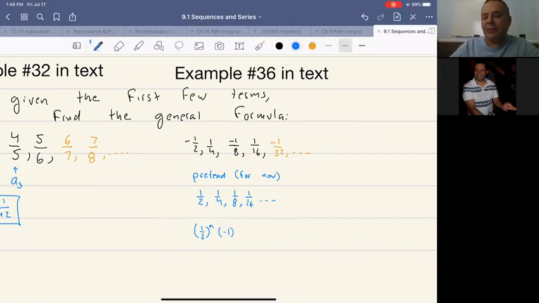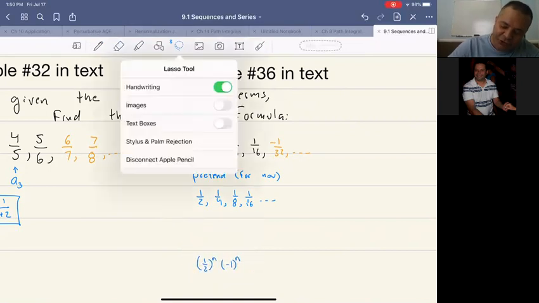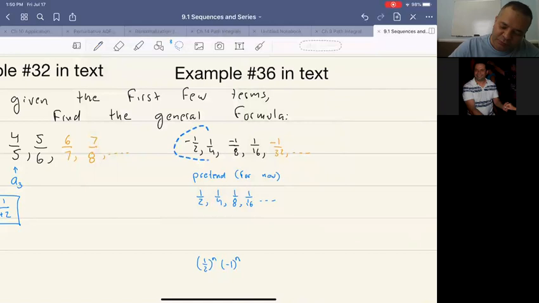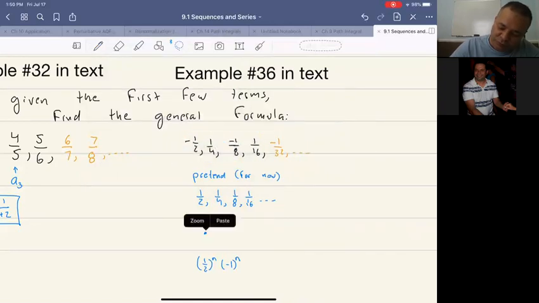Now, here's the thing. Let's put in n. If I put in negative 1 to the n, then I look at the first couple of terms. Back to the original.